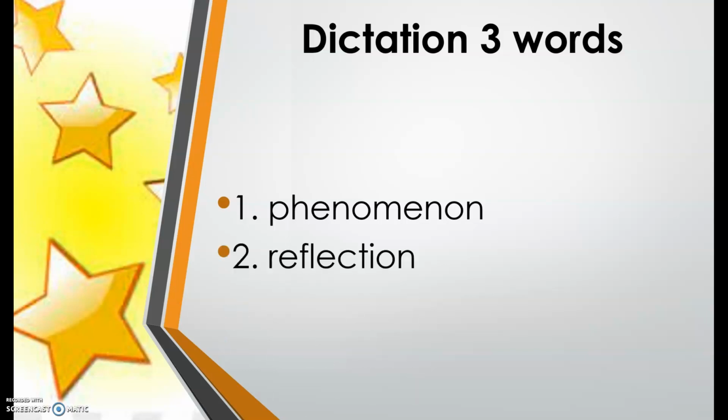Second word, reflection. R-E-F-L-E-C-T-I-O-N. Reflection. And number 3, droplet. D-R-O-P-L-E-T. Droplet. Very good.